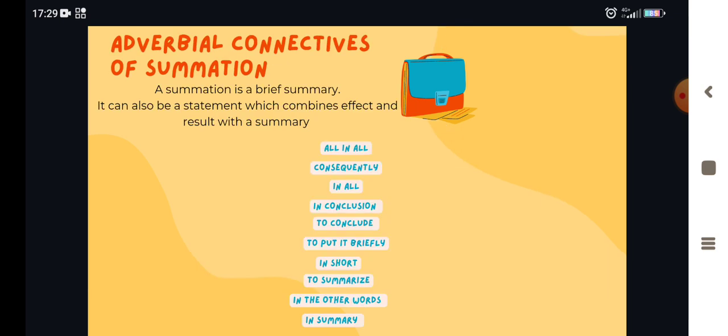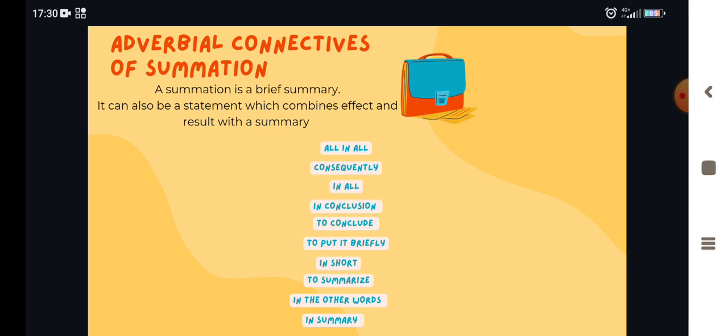Let's go to the next grammar. Adverbial connectives of summation. A summation is a brief summary. It can also be a statement which combines effect and result with a summary.